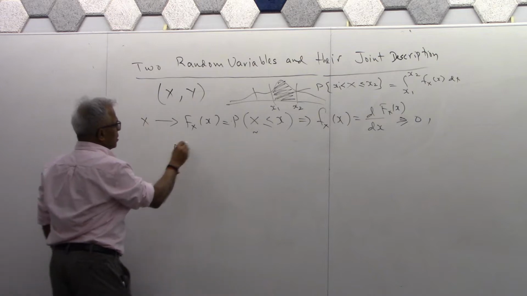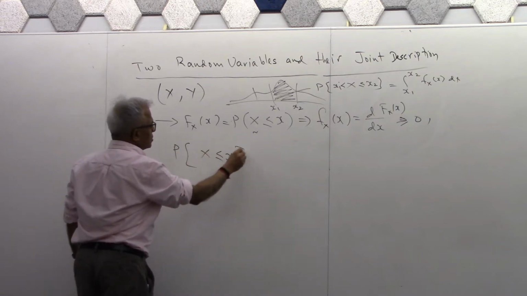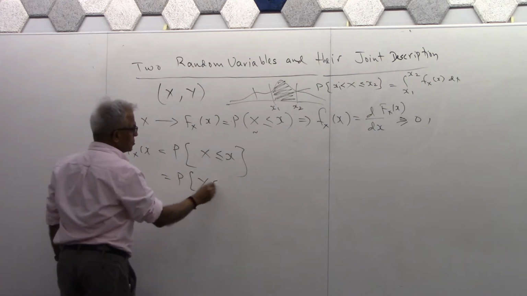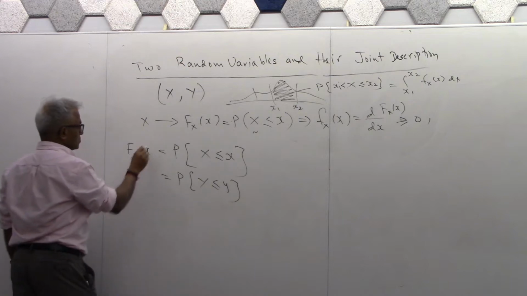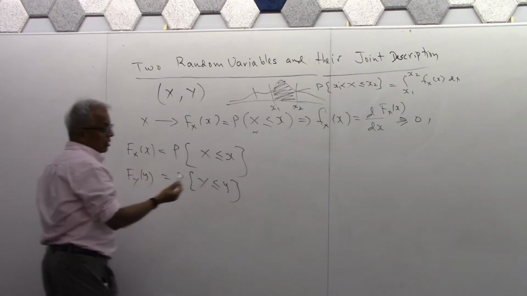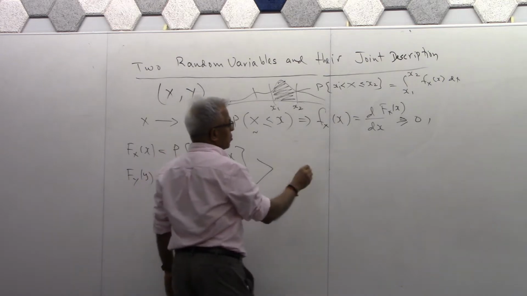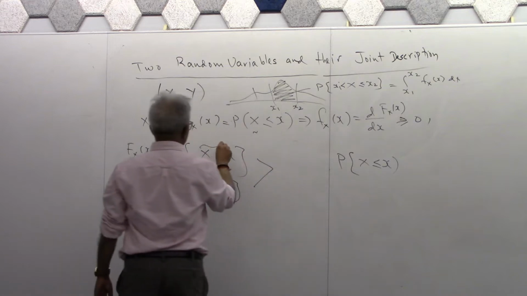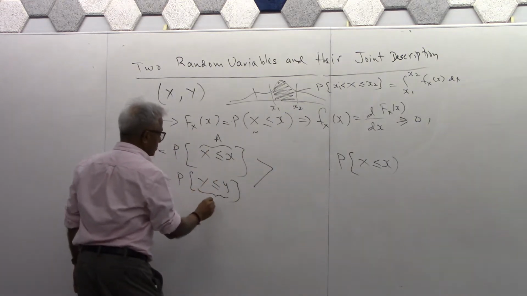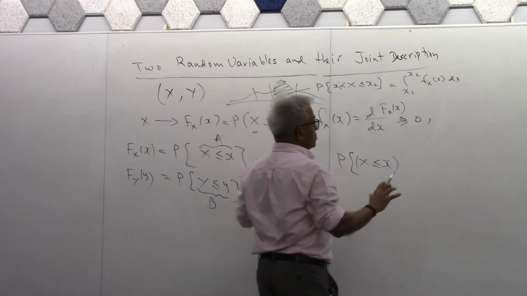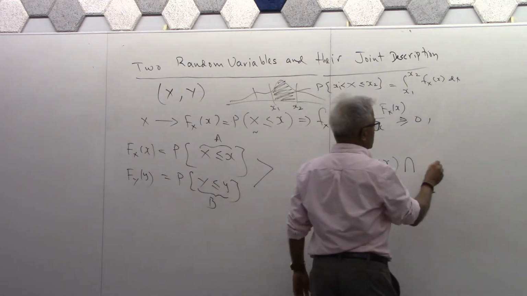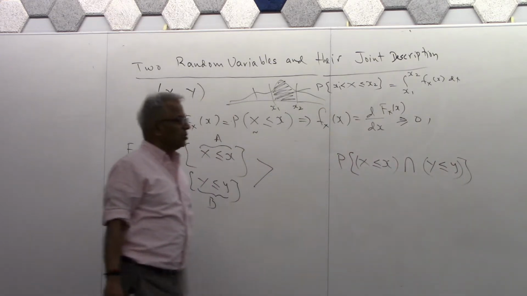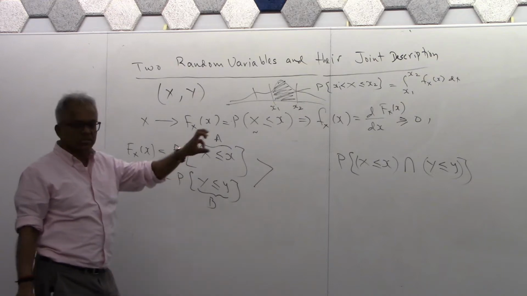In each case, this is the distribution function of x, and the same thing for y also. So if I call this A and this B, then to describe them together, the logical way seems to be to look at the events which satisfy both of these simultaneously.